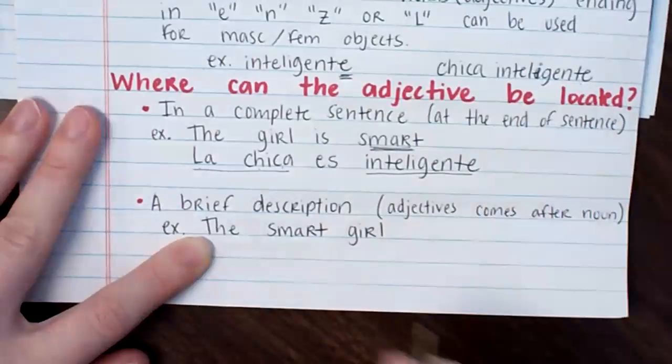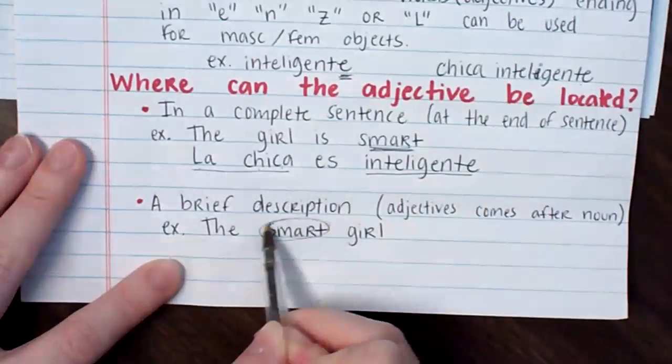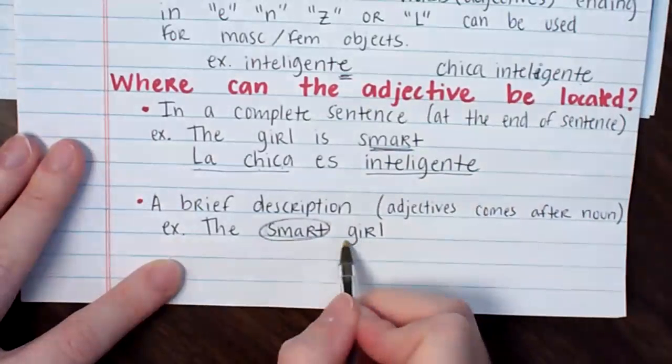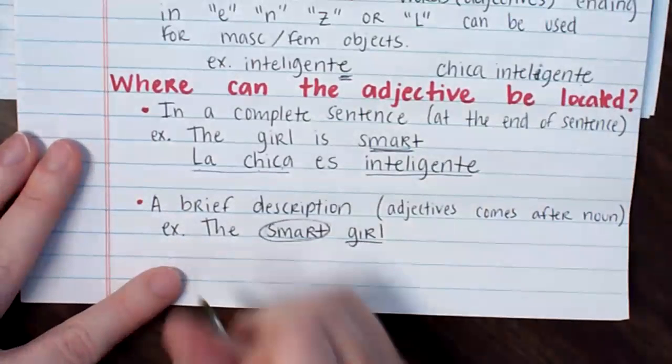So it's the reverse. Our adjective in English is right here, and our noun is girl. So in Spanish, we have to flip it.